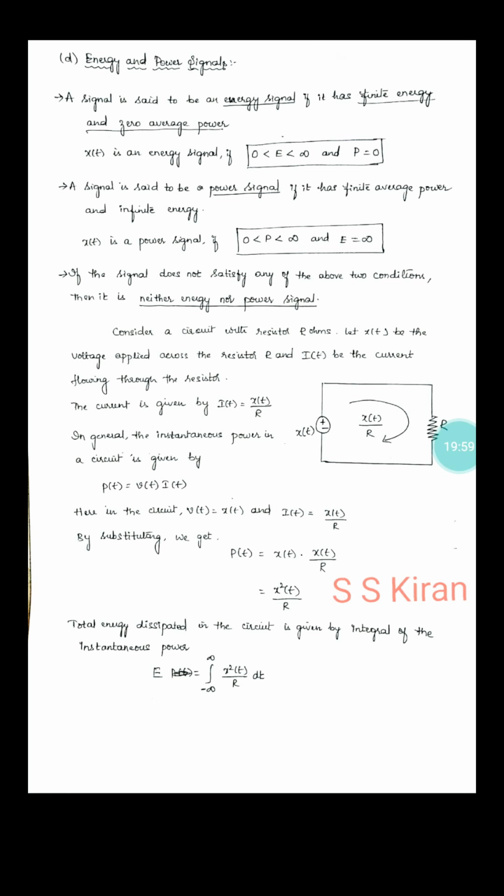So what is the formula for power? Power is equal to V into I. We can write in time: p of t is equal to v of t into i of t. Now v of t is equal to x of t voltage.